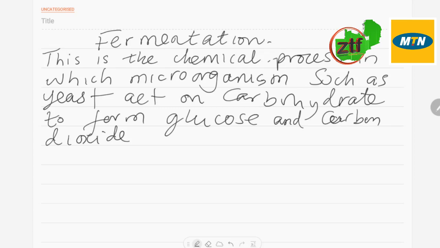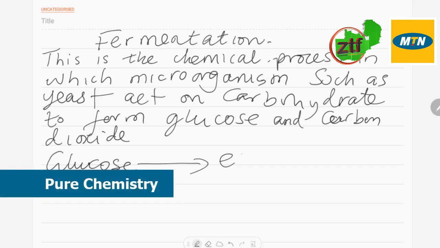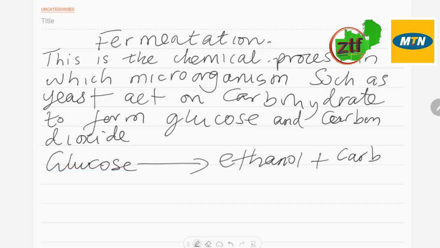So the word equation for fermentation is just glucose being converted to ethanol plus carbon dioxide. Now, there is an important statement here: microorganisms such as yeast, meaning that for the conversion of glucose to ethanol, there should be yeast.